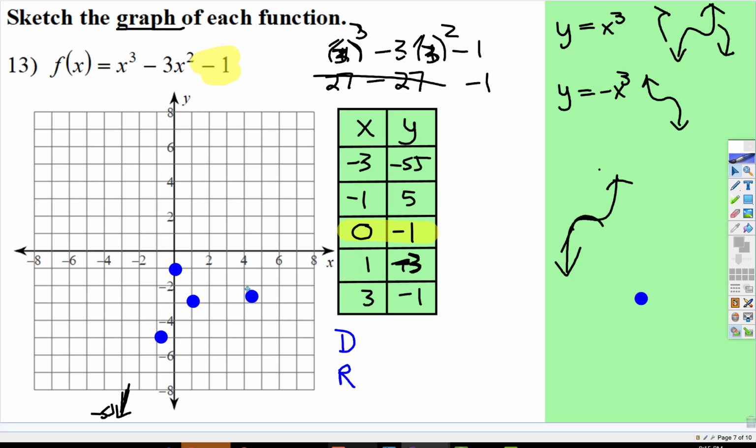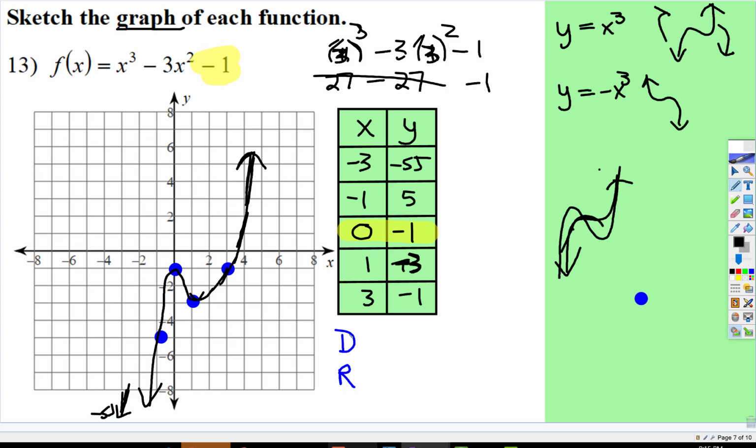So at 3, we're down here at negative 1. Well, if I know the graph is supposed to look like this, I can use that information, and I know somewhere up here it's going to be doing this. It's going to be coming down, and it's going to curve back up, curve back down, and not a lot of effort.